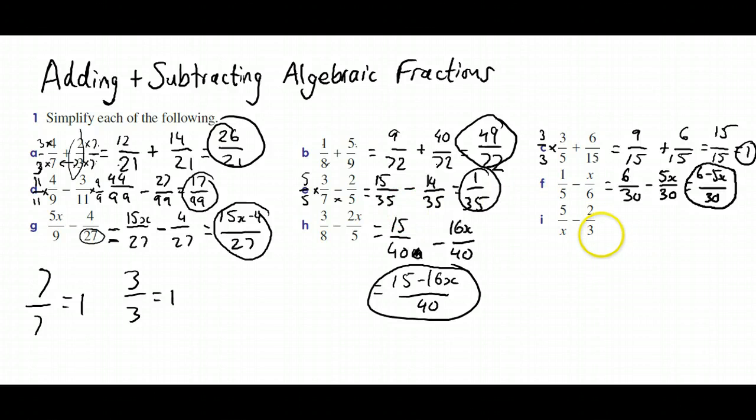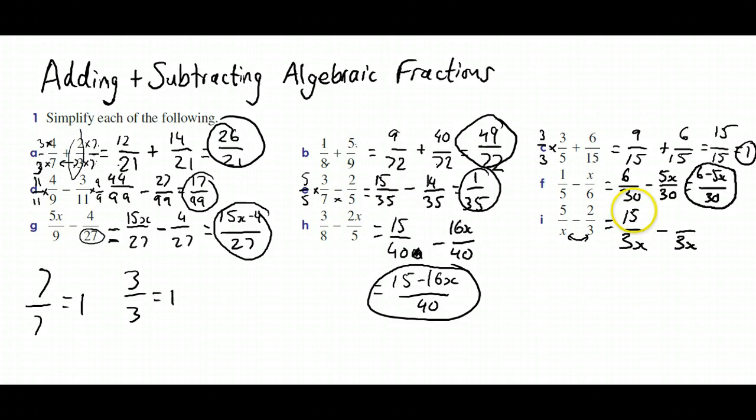And finally, we've got a tricky one at the end. We've got 5 over x minus 2 over 3. Now, in order to find a common multiple for these things, we just have to do the same thing that we've done for all the others, which is to multiply them together. So that's going to be 3x is the lowest common multiple of both of these terms. In order to get x to become 3x, we had to multiply it by 3.